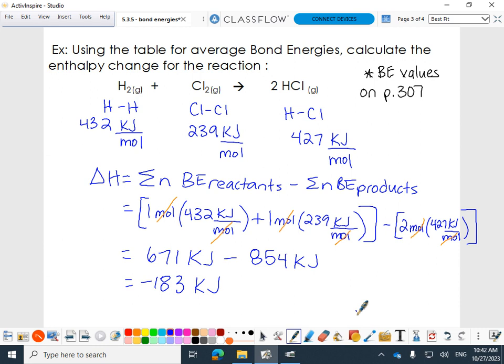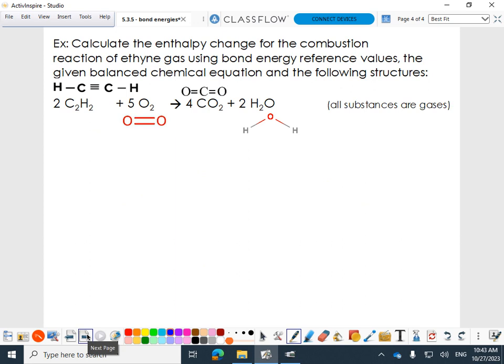Okay, so the next question definitely requires a little bit more consideration of what's happening with the Lewis structure, because now there is more than one bond of the same type within a molecule.